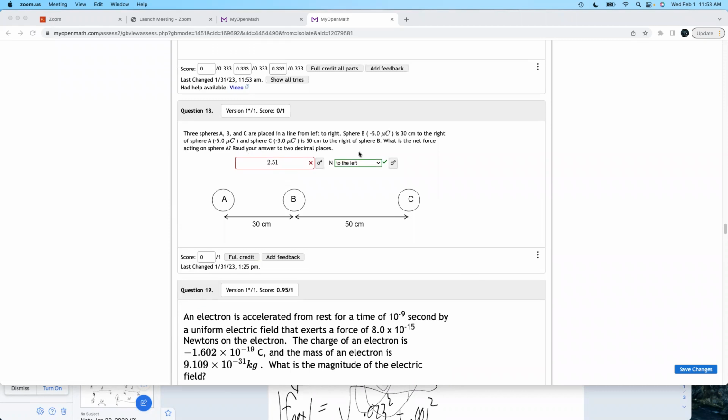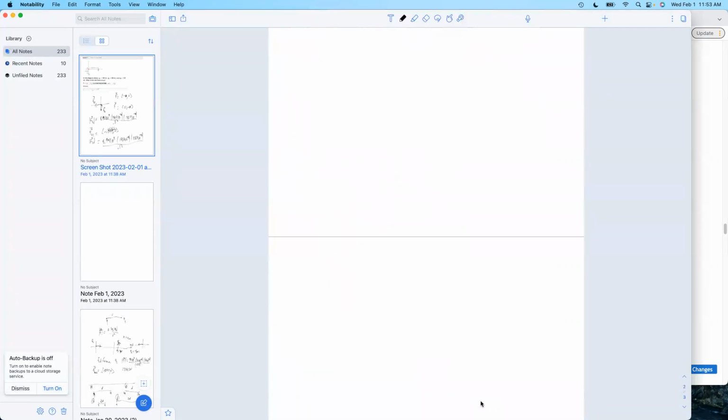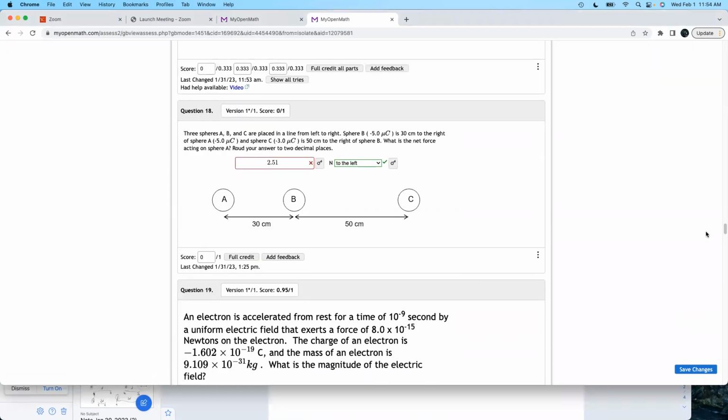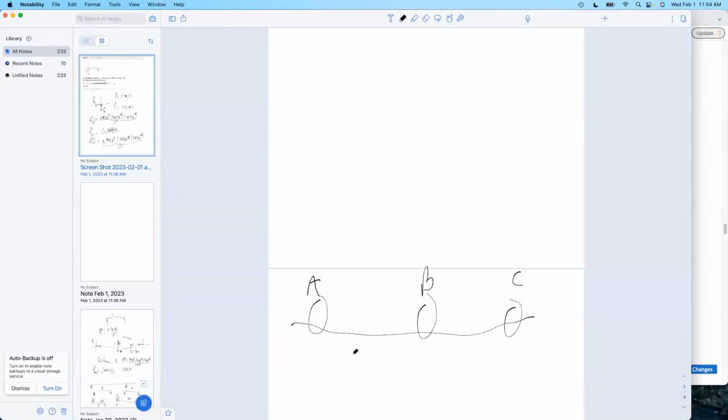Yes. Okay, so B is negative. I need to draw this out. So we got A, B, and C. That's how they labeled them. 0.3 and 0.5. We need to have these in meters. Did you do that?